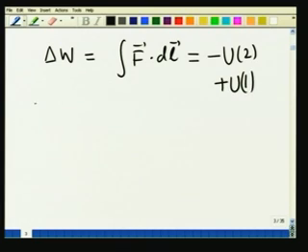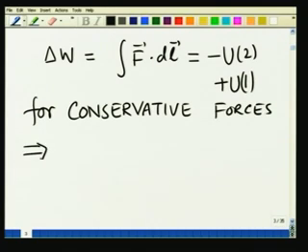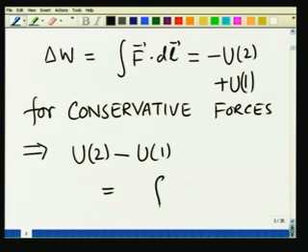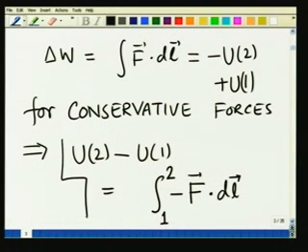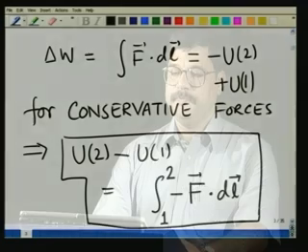For conservative forces, this implies that U2 minus U1 is equal to, going from point 1 to point 2 irrespective of the path, minus the integral of F dot dl, and this is what gives me the interpretation of the potential energy.